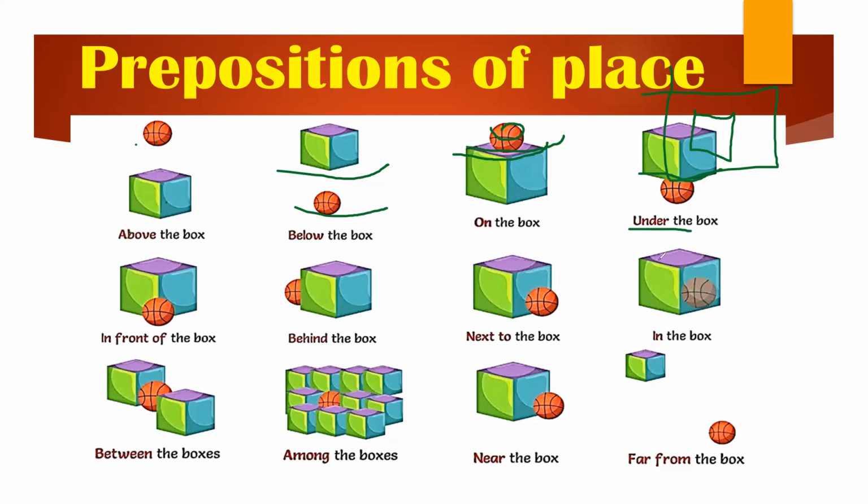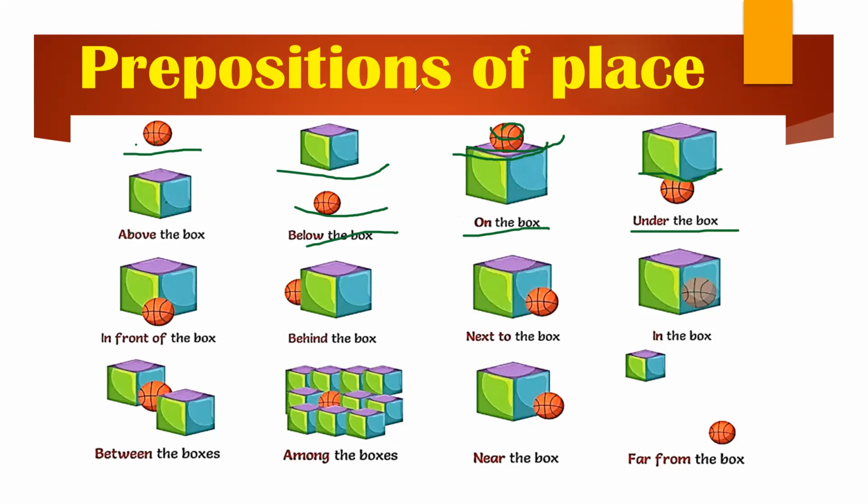This is when I can say that the copybook is under the book. But below is like when you put your bag below your desk. We actually say under the desk, but the accurate word to use here is below. All right, so we now know the difference between above and on, below and under.